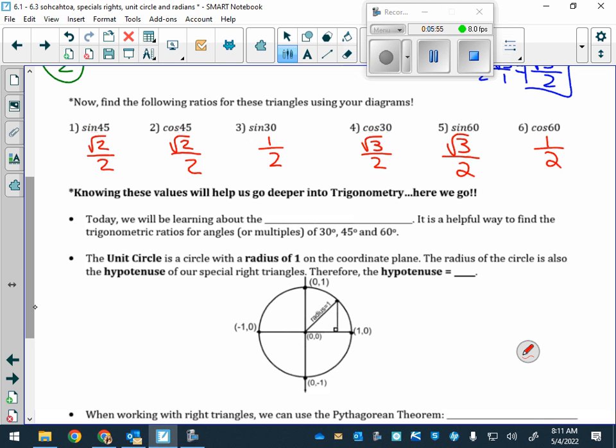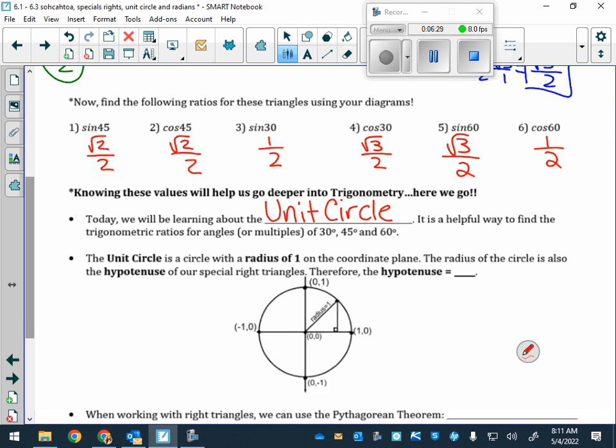Okay. Today we are learning about the unit circle. It's a helpful way to find trig ratios for angles or multiples of 30, 45, and 60. When you look at a circle, first of all, a circle is how many degrees? 360, right?